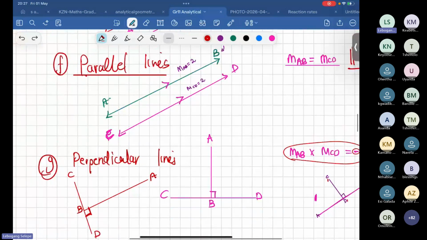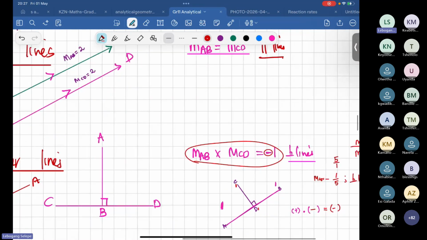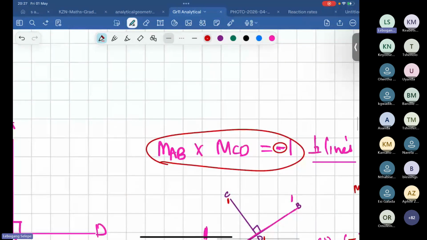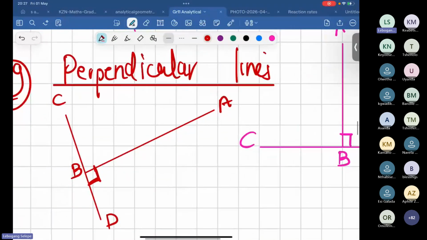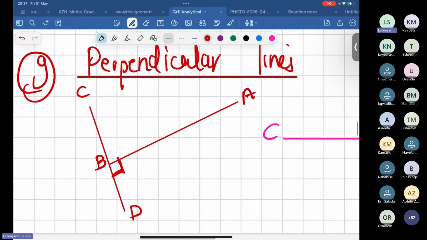Then parallel lines and perpendicular lines, right? For perpendicular lines, we know very well that the gradients are not equal, but the product of these gradients is supposed to give you -1. Hence, I wrote here that if I have two line segments, AB and CD, and I take the gradient of AB and multiply by the gradient of CD, I'm supposed to get -1.